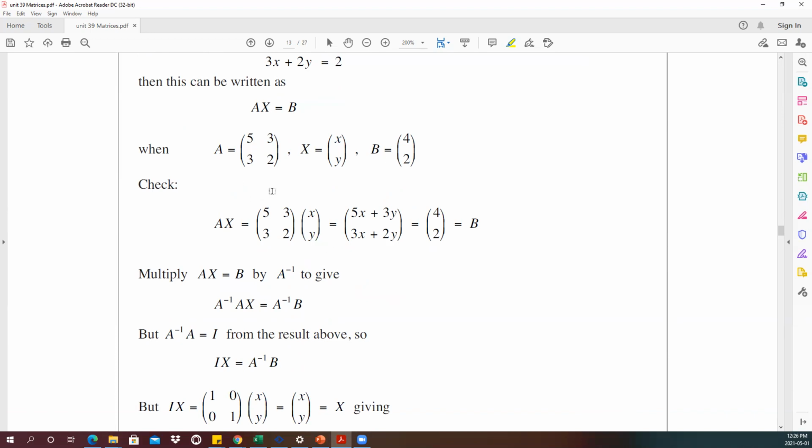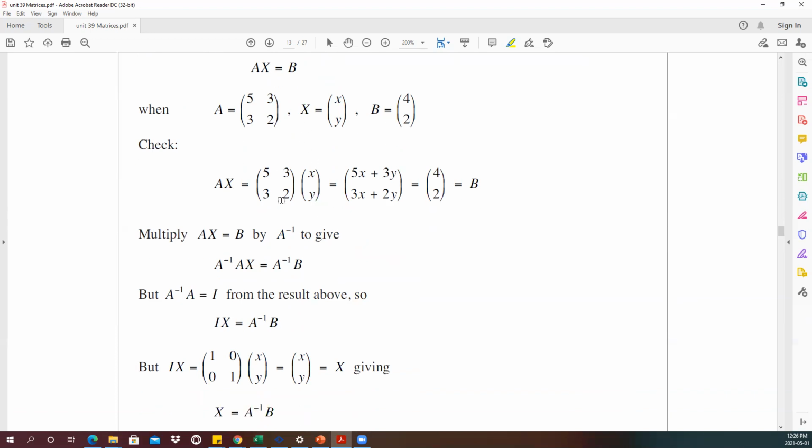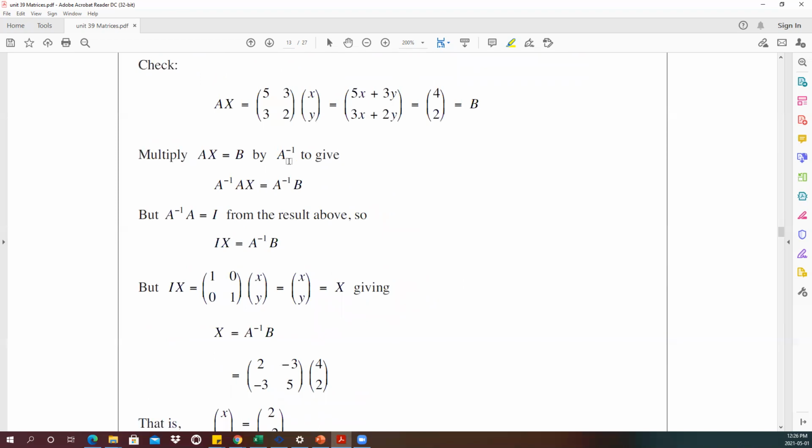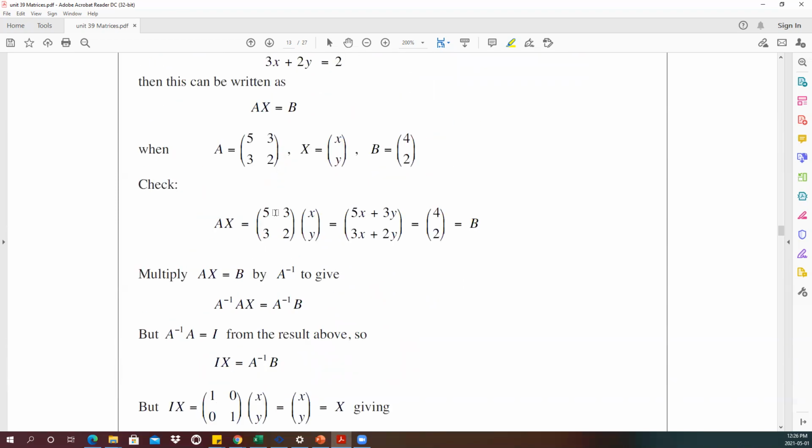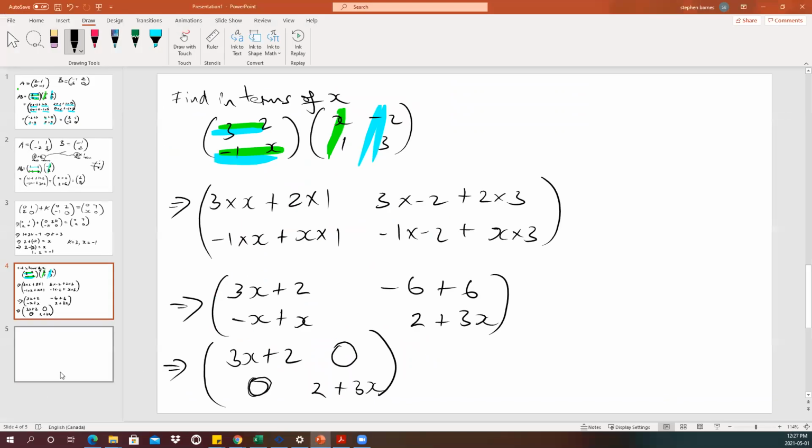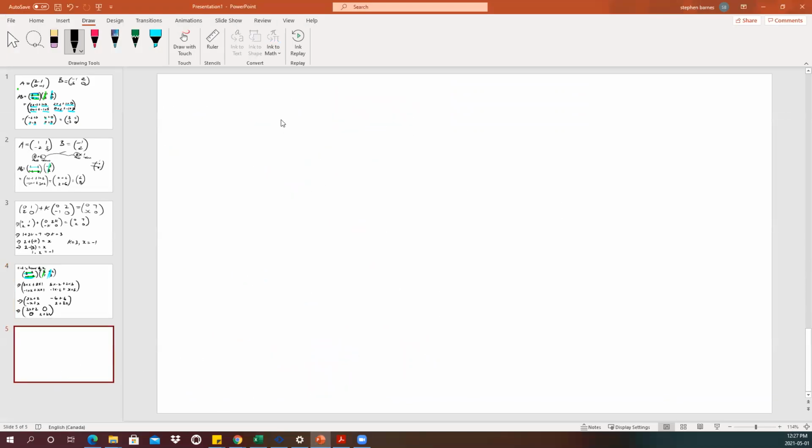So what you need to do here is find the inverse of matrix A. Let me try to get a good example for you guys. This is an oversimplified way of explaining, but we'll use it.